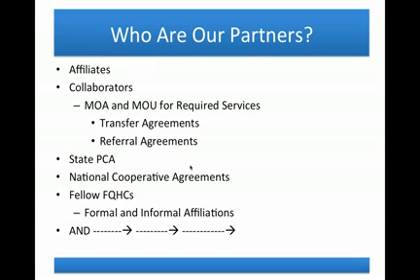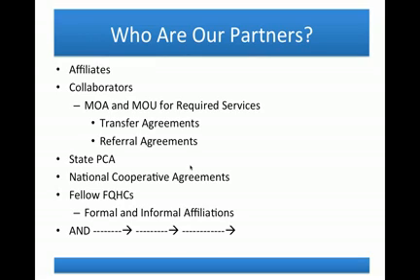Of course, the state PCA is always a strong and viable partner in assisting, and again, the PCA depends on the health centers to help them meet their mission, and of course the health centers depend on the PCA as well. You have some excellent national cooperative agreements that are there to support the special needs of health centers that serve special populations.